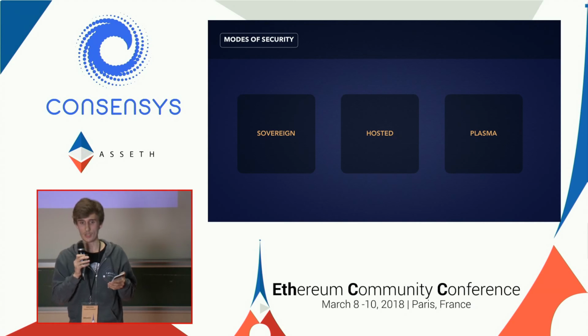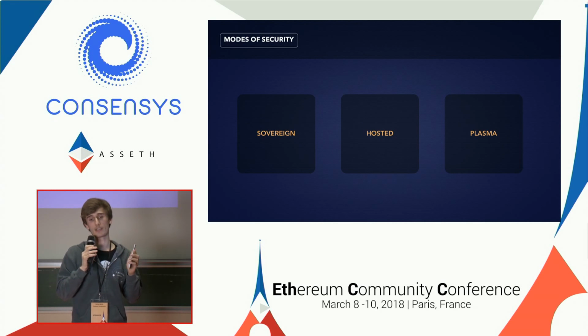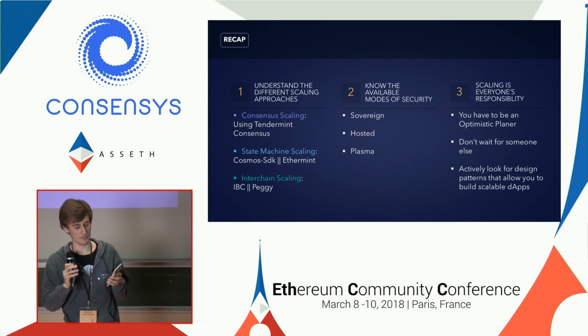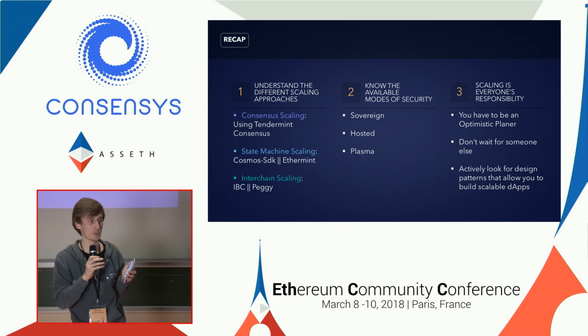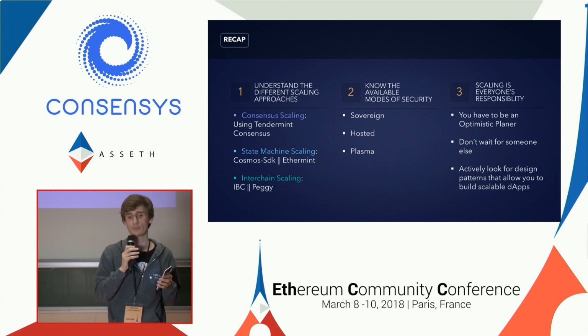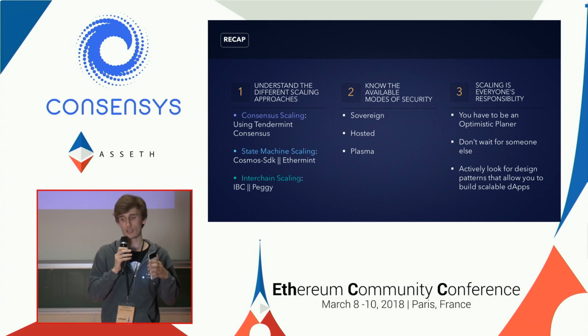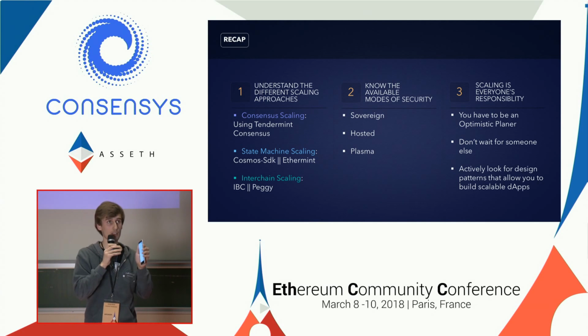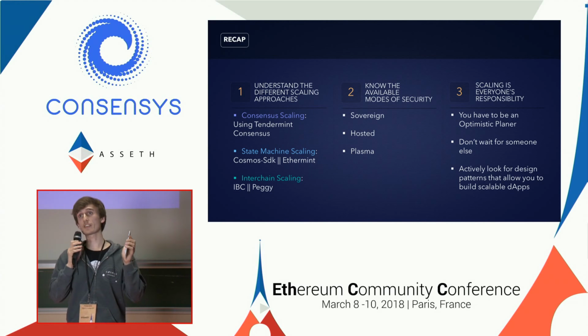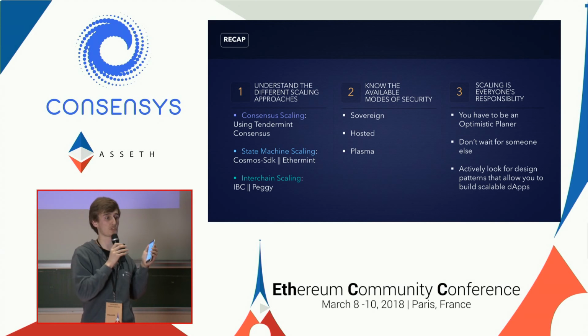Actually, that's fine. So this is getting very close to the end of my talk. I just want to quickly recap the goals I talked about earlier. Understanding the different approaches to scaling.